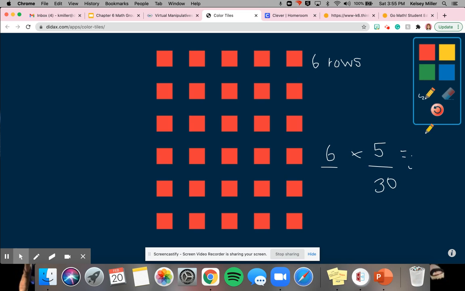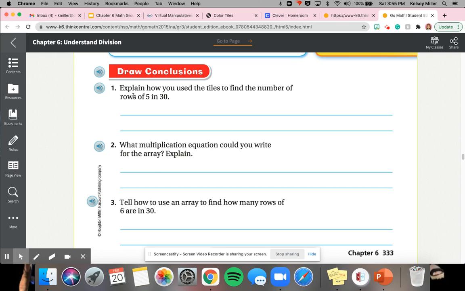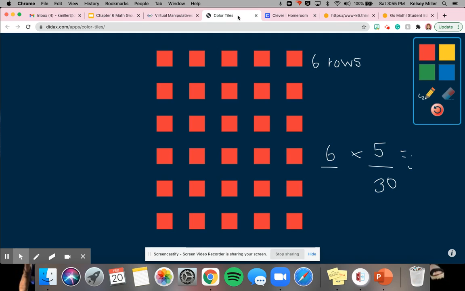Now, last question says, tell how you could use an array to find how many rows of 6 are in 30. So explain how you could figure out if there were rows of 6, how many rows would you have to make 30?